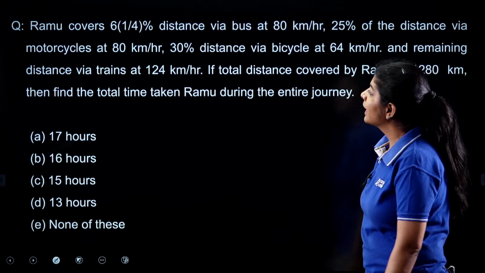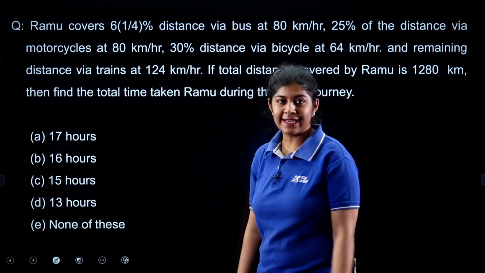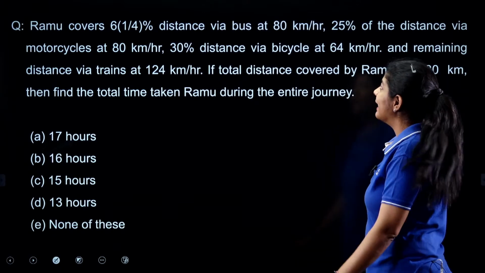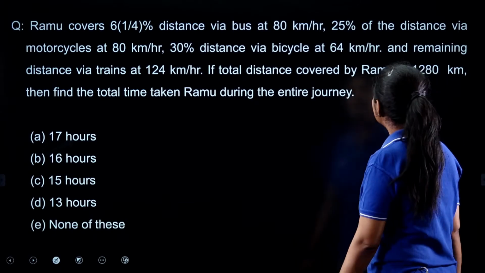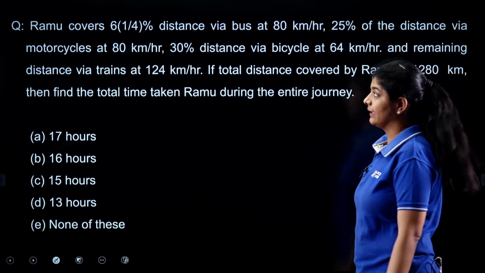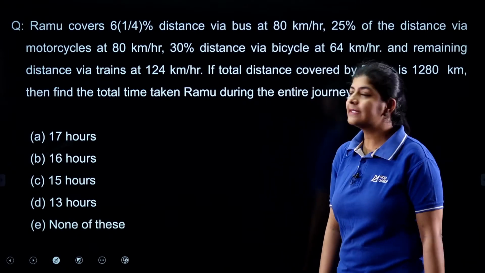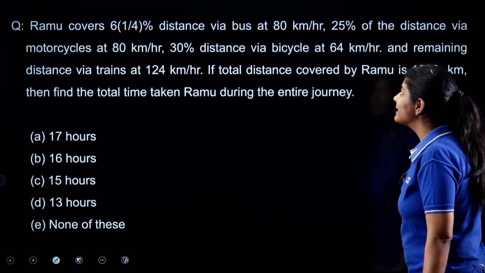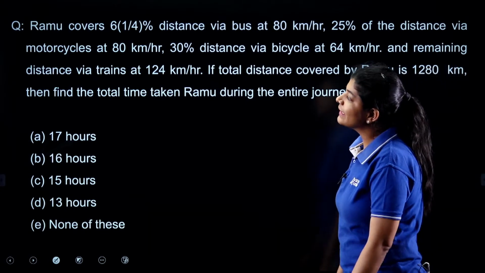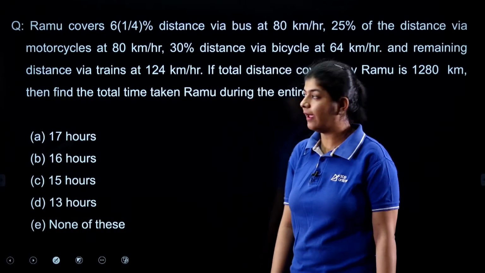Next. The next question says that Ramu covers 6 1/4% of the distance via bus at 80 kilometers per hour, 25% of the distance via motorcycle at again 80 kilometers per hour, 30% of the distance via bicycle at 64 kilometers per hour, and the remaining distance via train at 124 kilometers per hour.